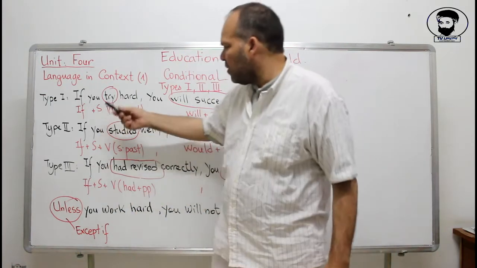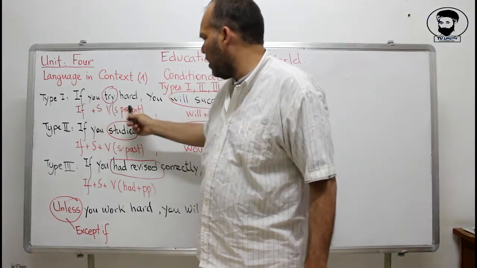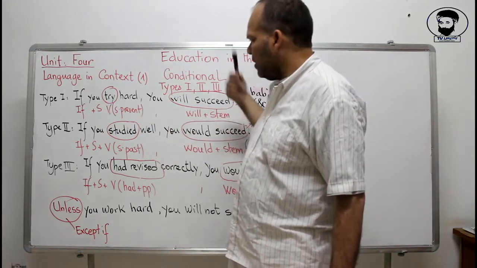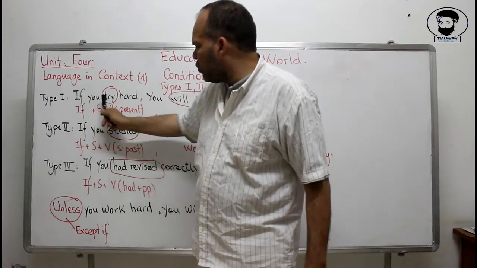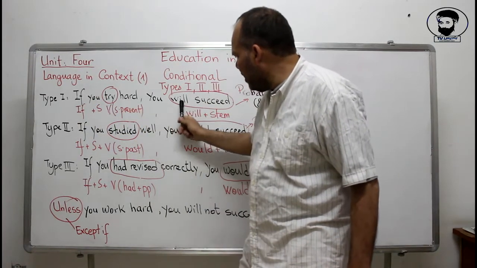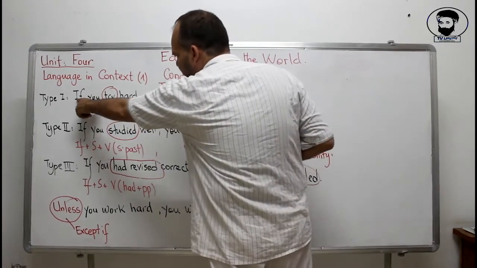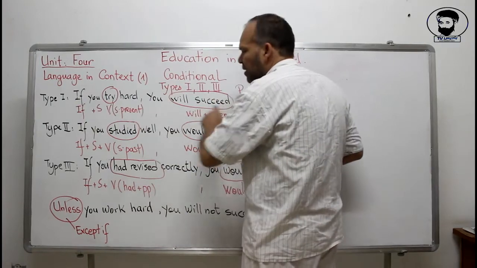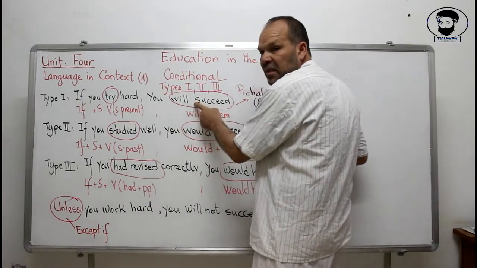Let's say the first example. If you try hard, you will succeed. Now if you take off if and use unless, you say unless you try hard, you will not succeed. So if, will succeed, but unless, it becomes here, will not succeed.